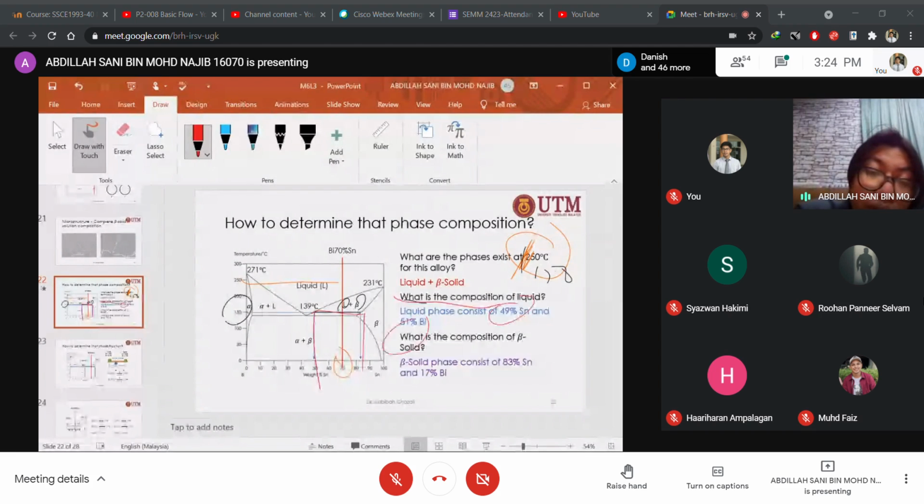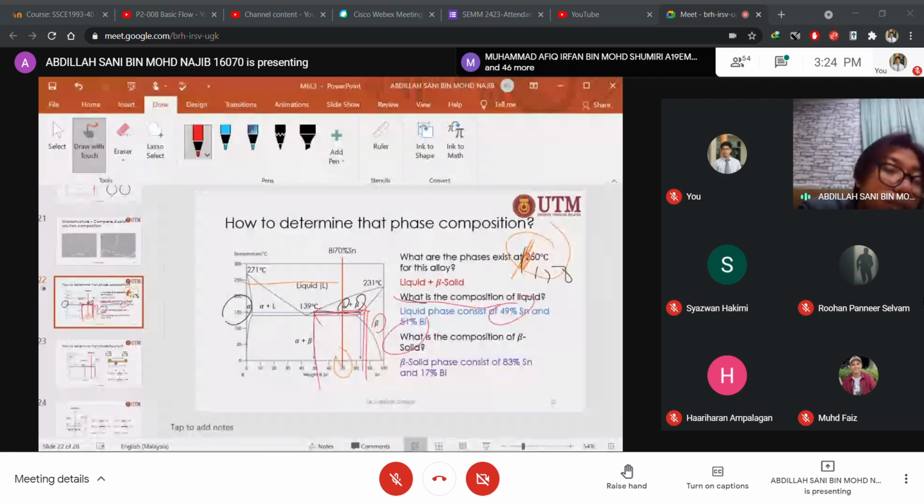For beta, you go to the right because beta is here, so we get the composition of beta. For the liquid, you go to the left because liquid is here, so you get the composition. So that is how to use the tie line.